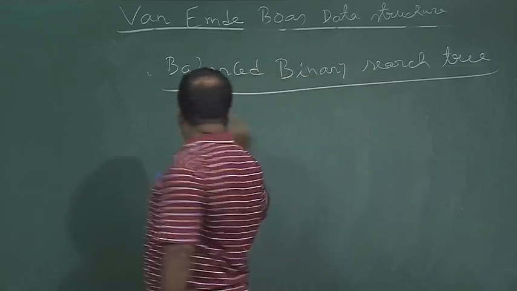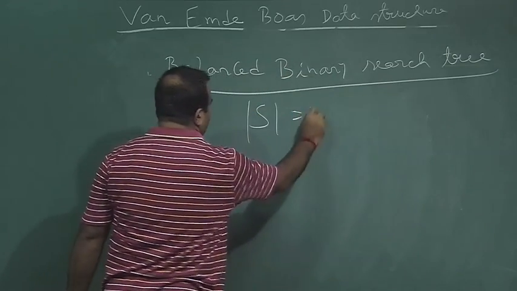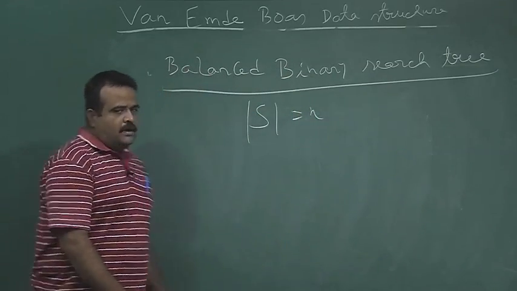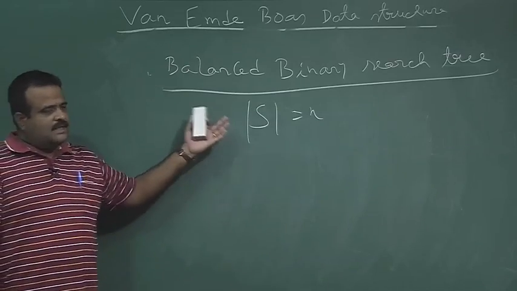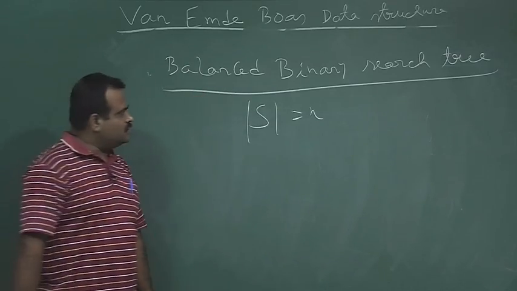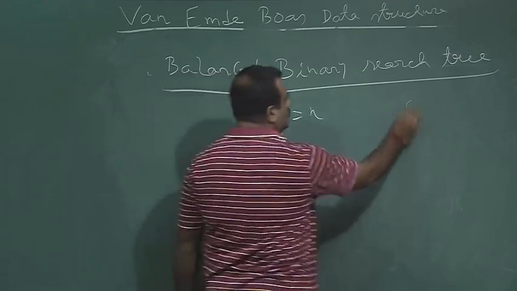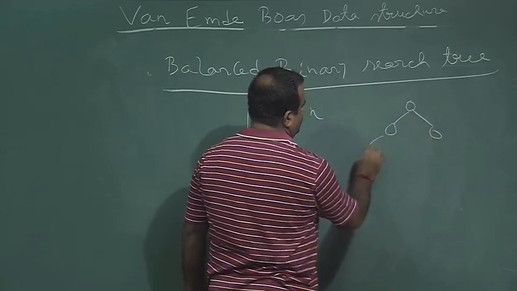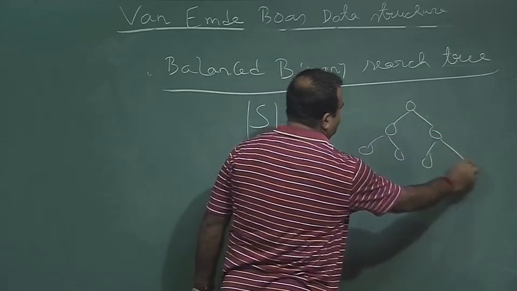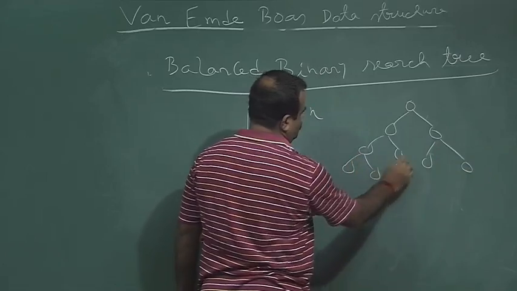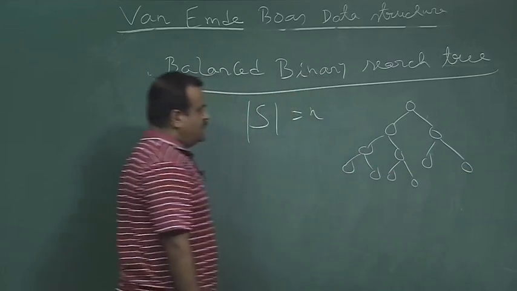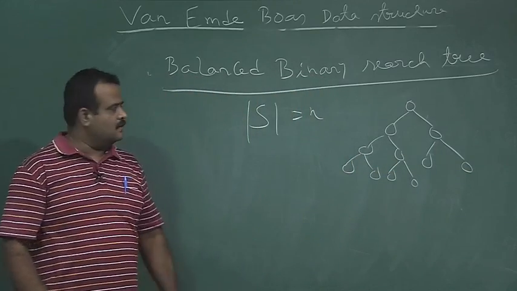We have n elements and we maintain a BST. We can have a red-black tree, which is balanced, as we know. So we can maintain a balanced binary search tree, like this.